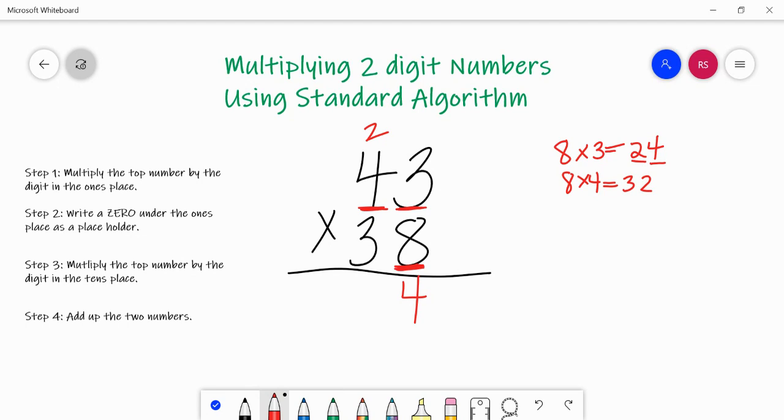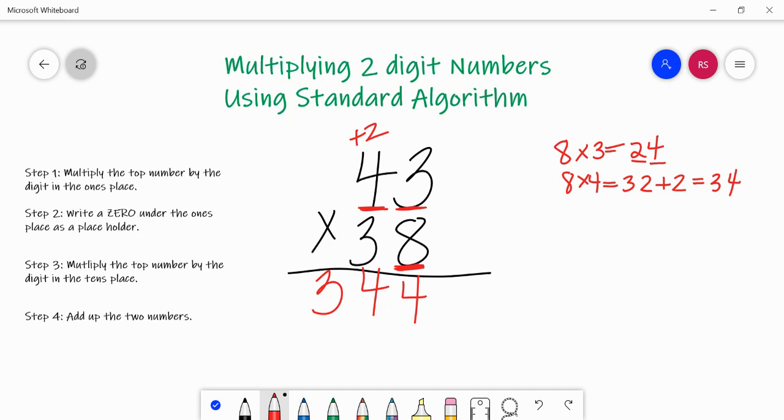So I know that 8 times 4 is 32, but I got to add those 2 to that product. So 8 times 4 is 32. 32 plus 2 is equal to 34. Go ahead and bring that 34 down. Okay, remember when we're carrying digits, we add them to our products.